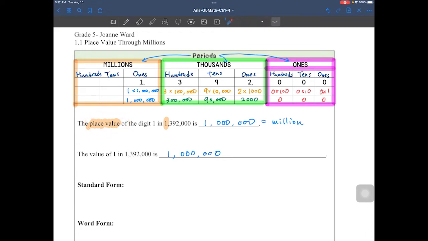We want to see what exactly it is. Is it million? Is it 100,000? Is it 10,000? Or is it thousands?